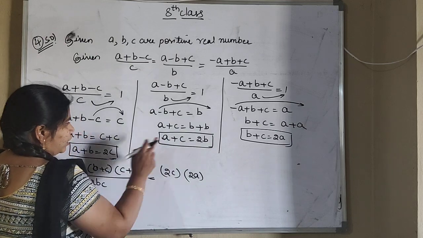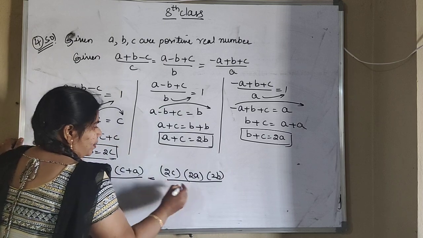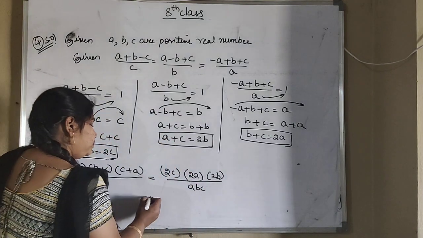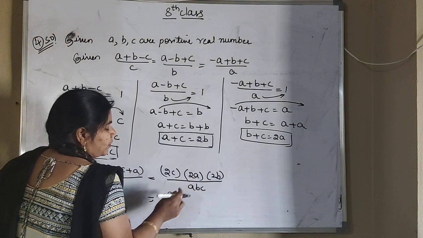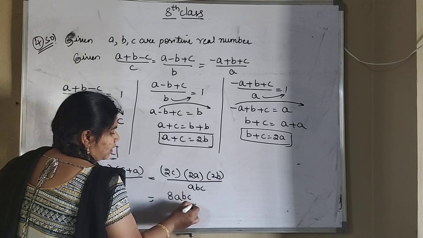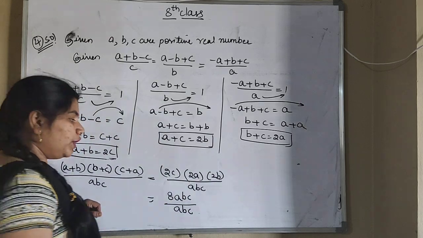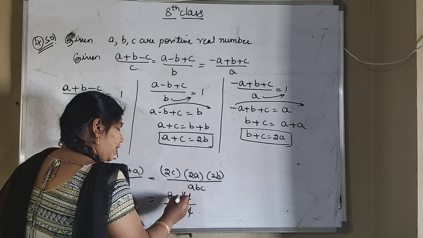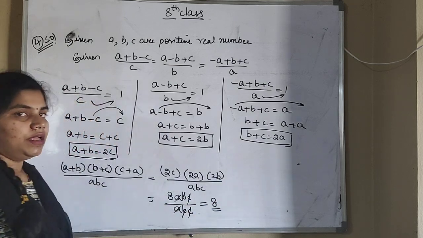And C plus A value you got as 2B. By ABC I am writing as it is. Now 2 2s are 4, 4 2s are 8. A into B into C will be ABC. By this denominator ABC I am writing as it is. So here C will get cancelled, B will get cancelled, A will get cancelled. So what is the result? We got it as 8.